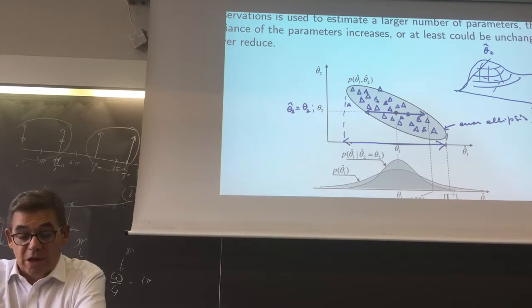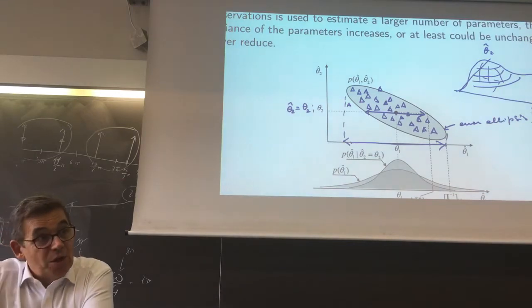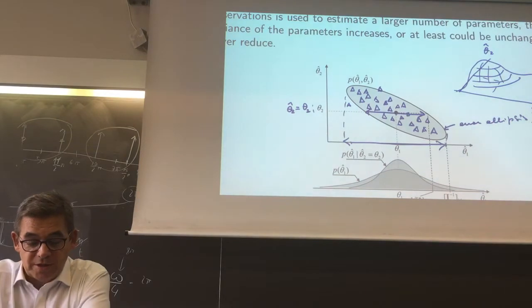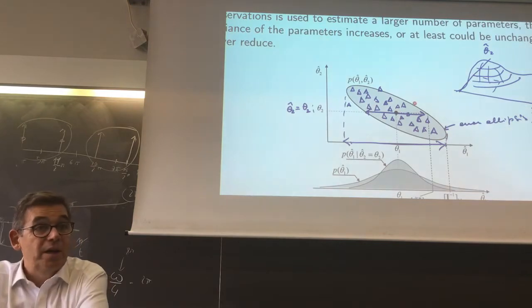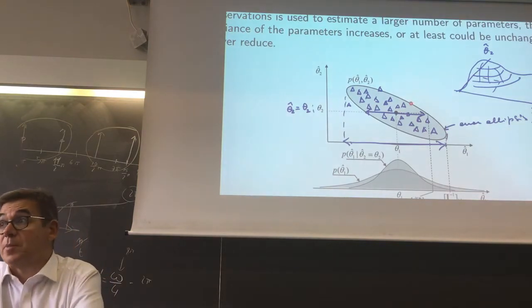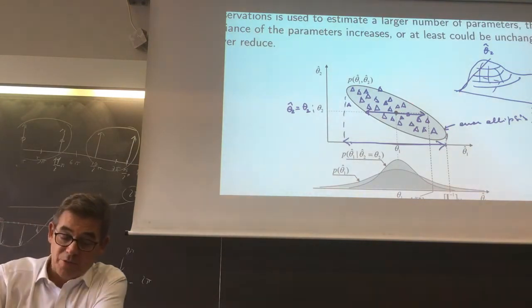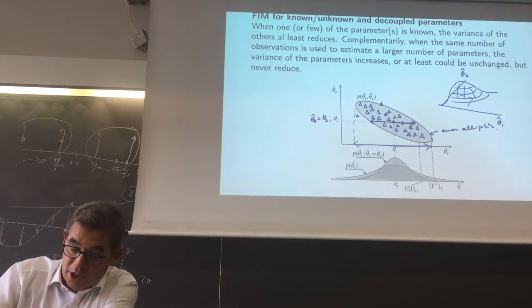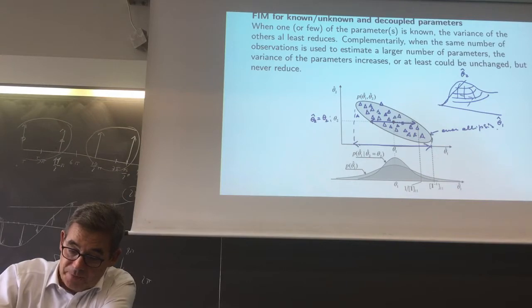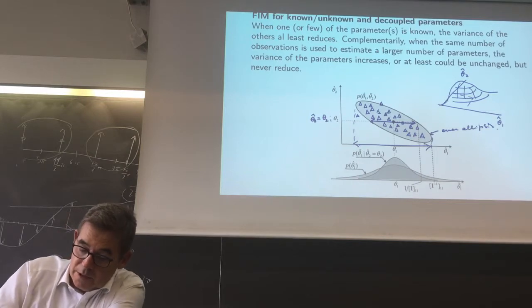Okay? Now, this is the case when the error ellipsis is oriented in any direction, except with respect to the principal axis. Now, what happens when it's oriented as for the principal axis? So you can imagine that now it's oriented this way.